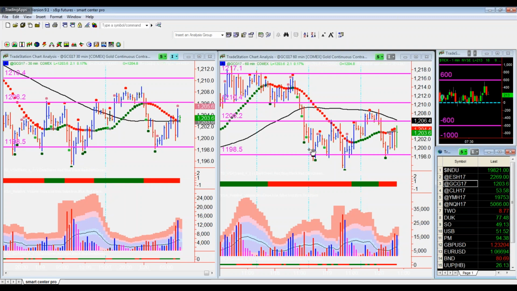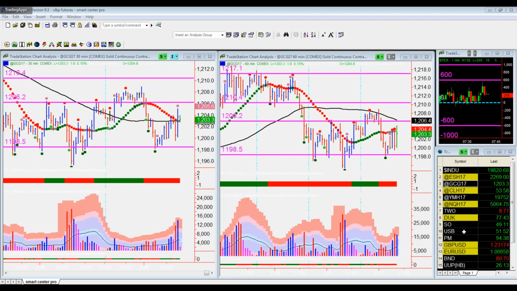There is accumulation in here, a lot of volume down here. It looks like they retested it, but the effort to push above this old level didn't work, so we'll see if they can do it again. If there's a widespread up bar through this level, again, we'll have to wait for the pullbacks. Smart Center Pro going here.